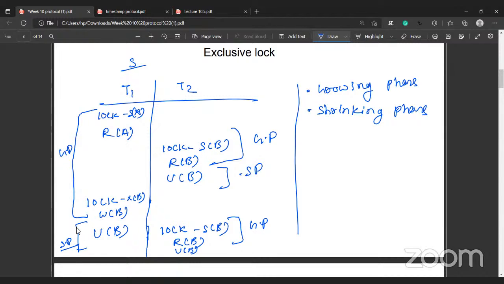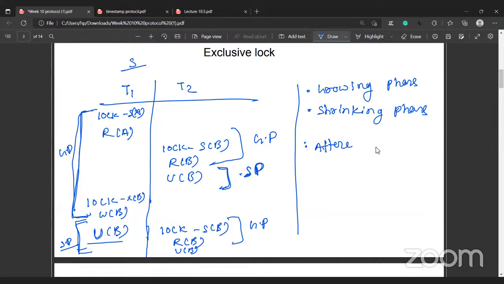In the growing phase, a transaction may obtain locks, and in the shrinking phase, a transaction may release locks. After the shrinking phase, the growing phase is not possible. This is the important point.